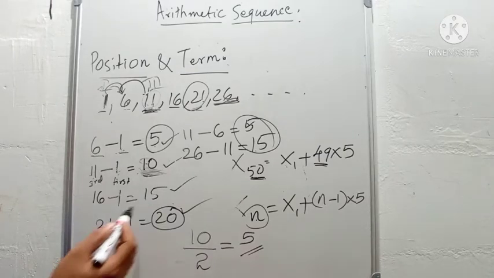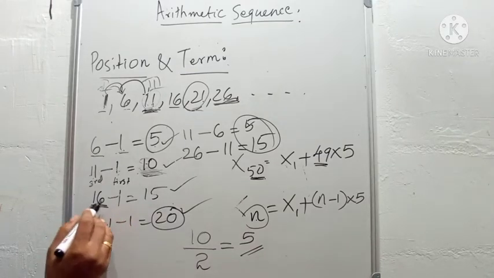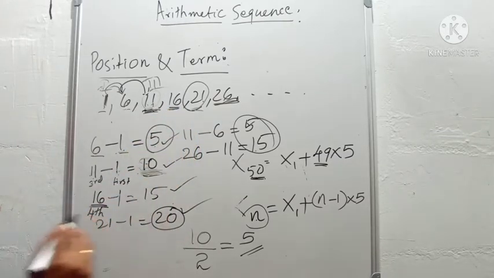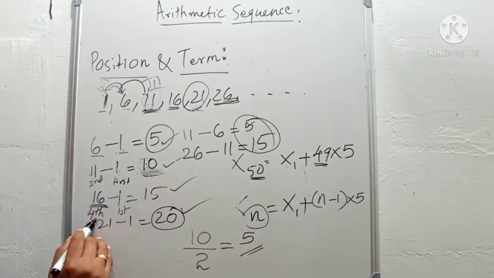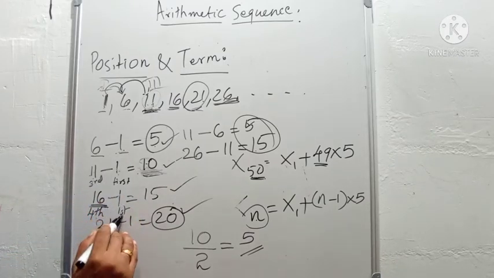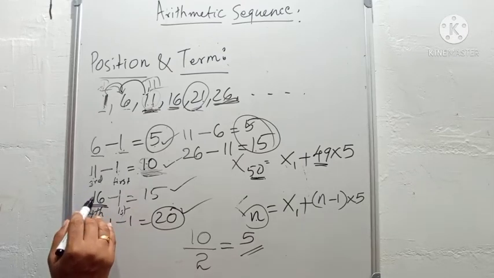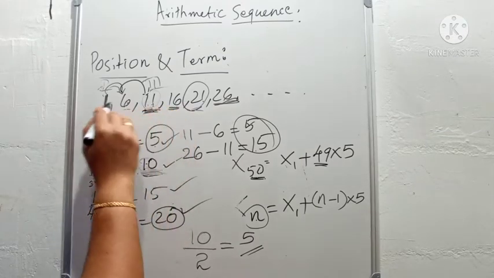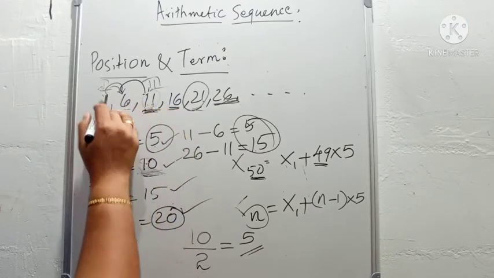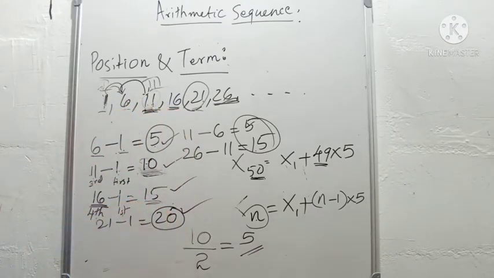See here, the term 16 is the fourth term and 1 is the first term. So what is the difference between the two terms? 16 minus 1 is equal to 15.